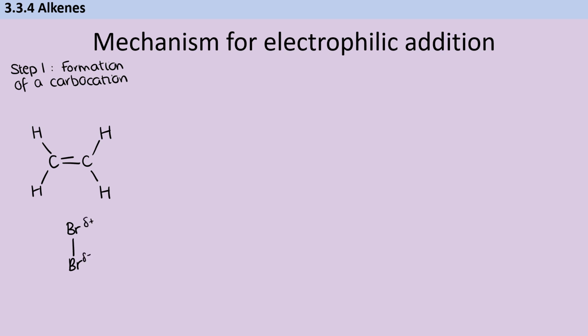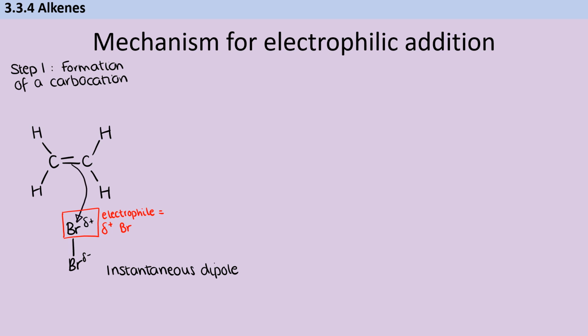So one end is slightly negative and the other end is slightly positive. And we indicate this using our lowercase delta. So the slightly positive end is functioning as our electrophile. And that is going to be attracted to the double bond because this is the region of high electron density.